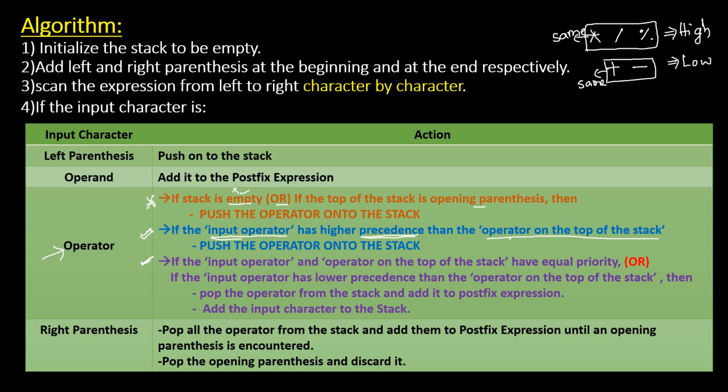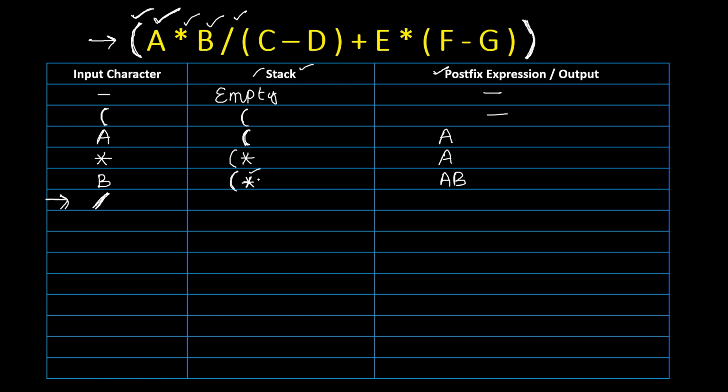The second one, the operator on the top of the stack. So this is the operator that is on the top of the stack. You have to compare this input character with this top of the stack operator. These two we have to compare.